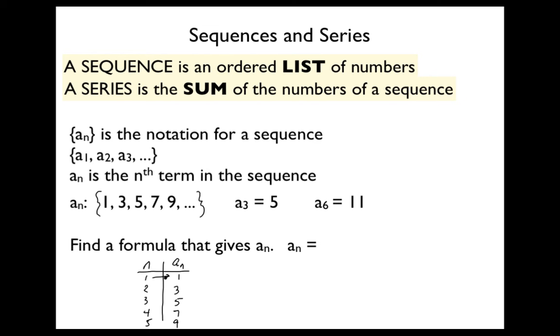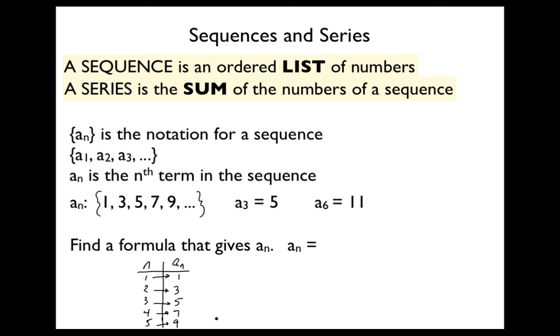So we want a formula of n that will give A sub n. It's actually easier to see for the larger values. So 3 gives 5, 4 gives 7, 5 gives 9.